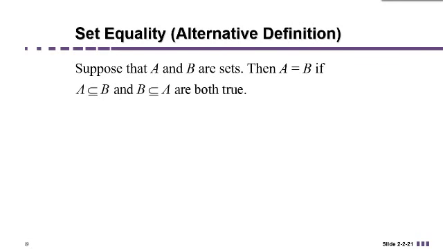We're going to talk about an alternative definition to having two sets be equal. We learned before that two sets are equal if they have exactly the same elements.